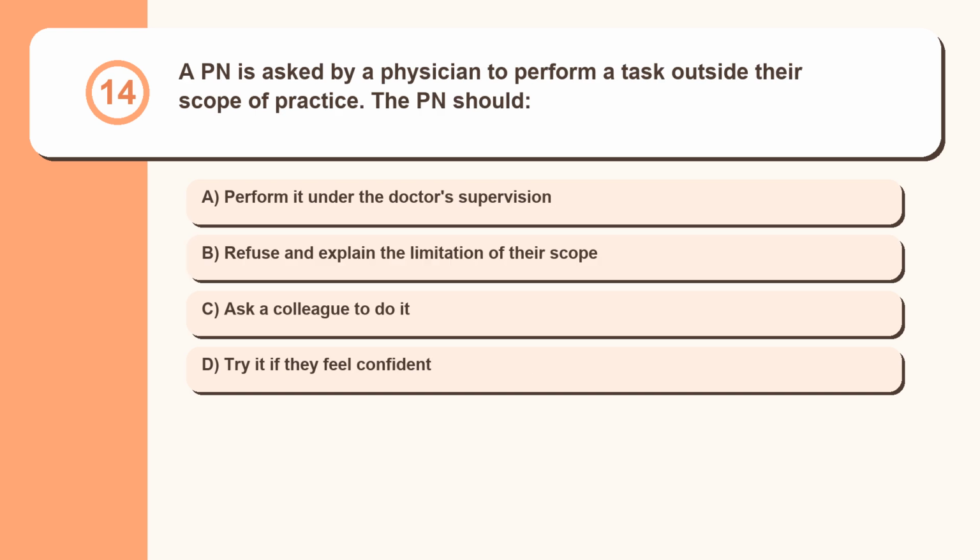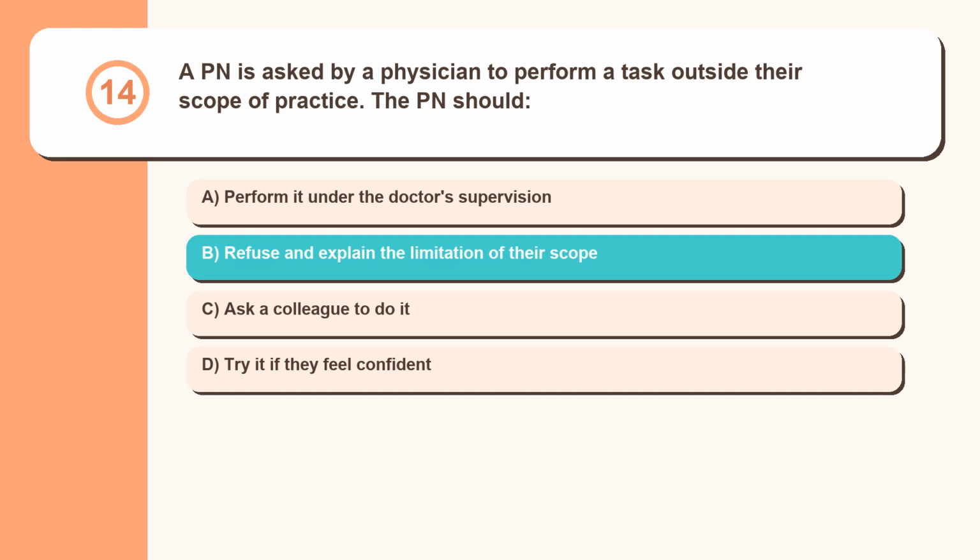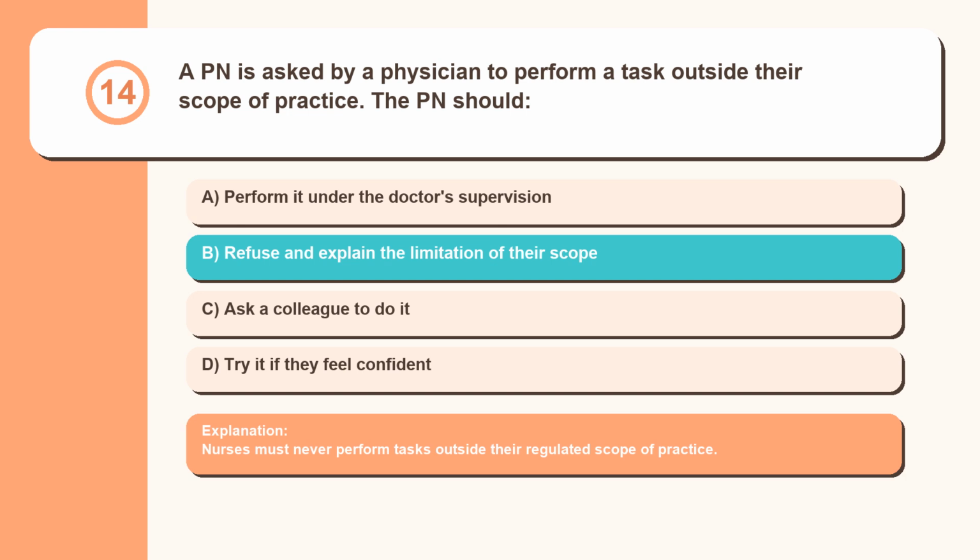Question 14. A PN is asked by a physician to perform a task outside their scope of practice. The PN should perform it under the doctor's supervision, refuse and explain the limitation of their scope, ask a colleague to do it, or try it if they feel confident. Nurses must never perform tasks outside their regulated scope of practice.